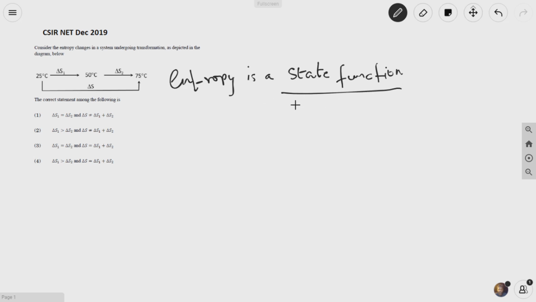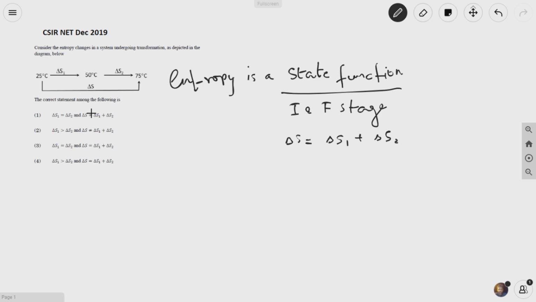It depends only on the initial and the final state. So therefore your delta S must be equal to delta S1 plus delta S2.